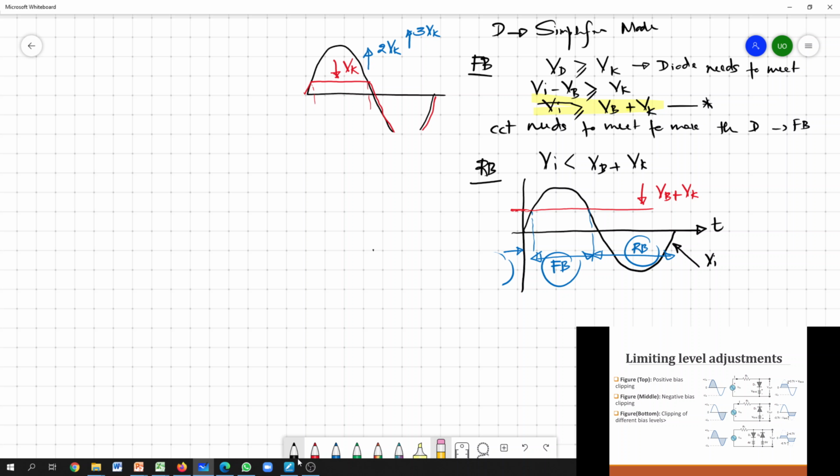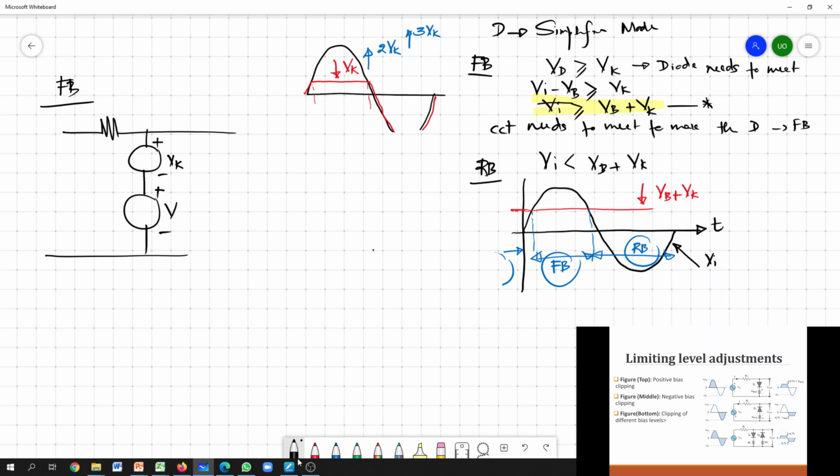Okay, so we'll take the forward bias scenario. We have a diode here. We know that if it is forward bias, we can simply replace the diode with a fixed DC source of VK, and in addition we have this biasing voltage here, and the input voltage Vi also here.